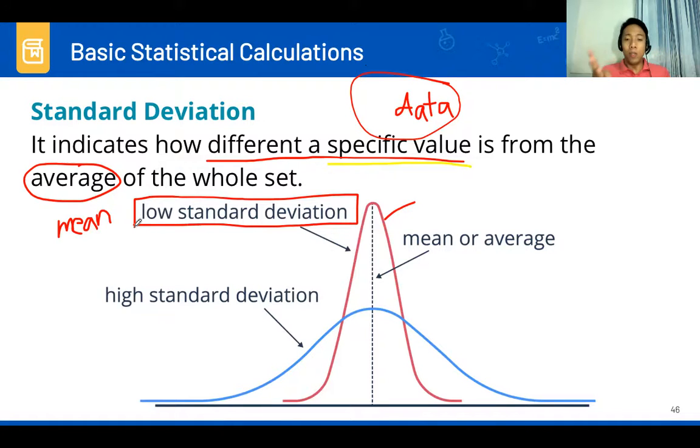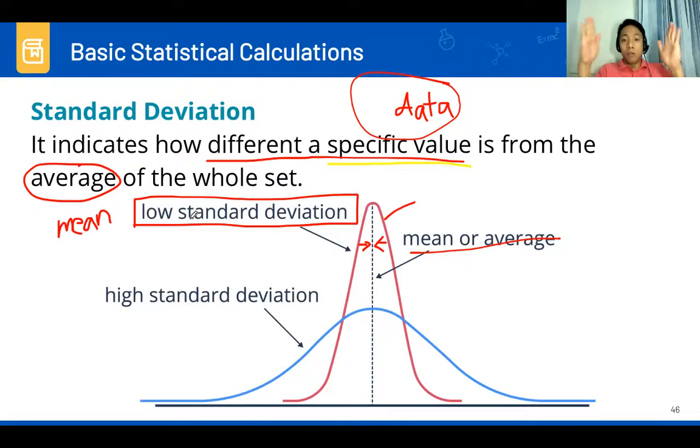Kapag sinabing low standard deviation, that means yung mga data natin ay malapit na malapit, okay? Malapit sa ating mean or average. For example, ang kanilang mga actual range ay 0.002, 0.003, 0.004, something like that.